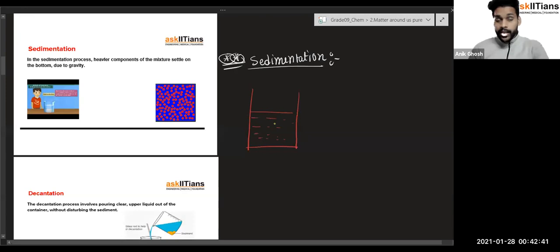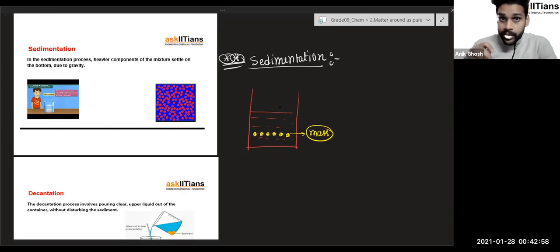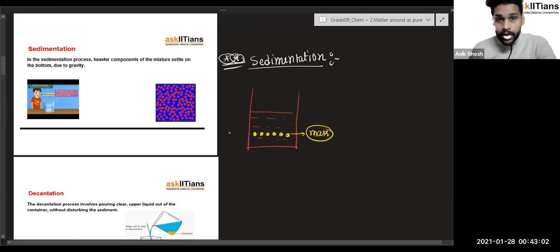As the mud particles are heavier, the mass of mud particles is very high, so they are not prone to floating in the water. So what would happen is they would try to get down due to the gravitational force of attraction, isn't it? So for that reason only, they would try to go down.